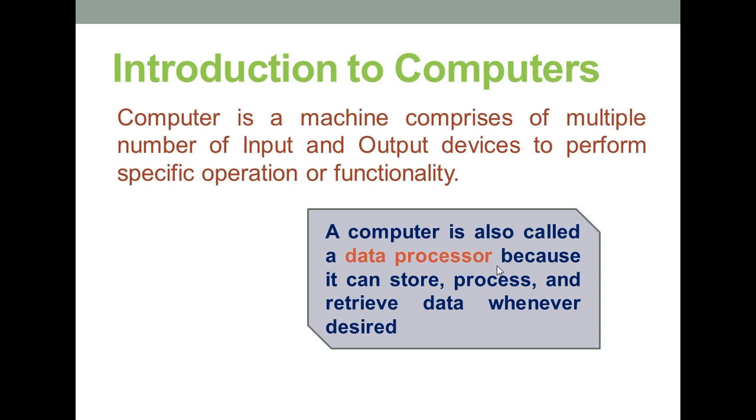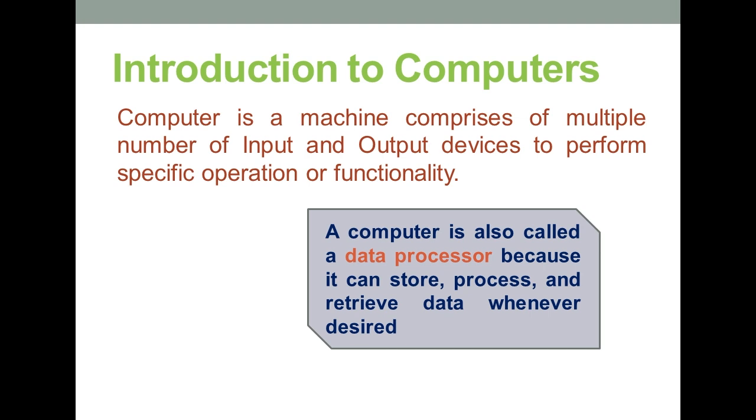Then after that, processing can be done with the help of processing units. For example, you have taken some input for performing a task, like a calculation, you have taken some numbers for performing the calculation.